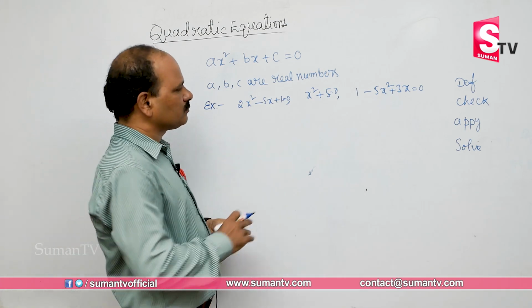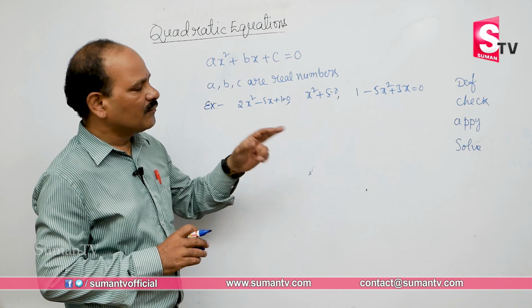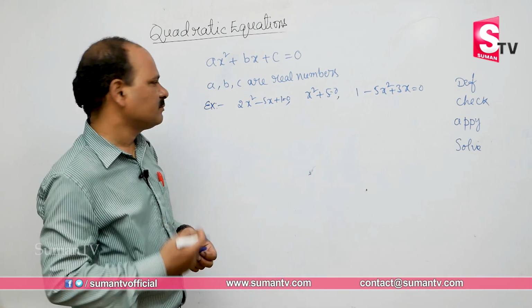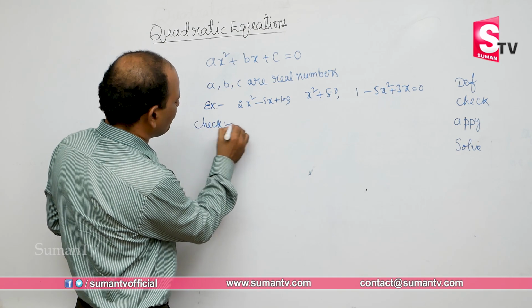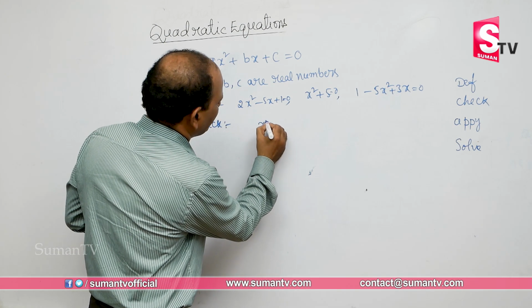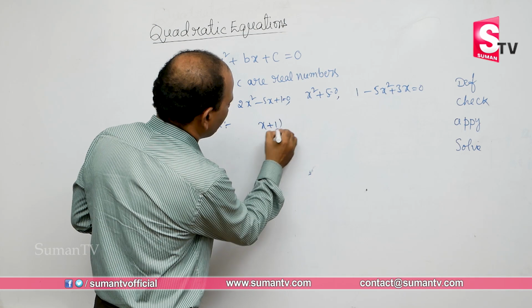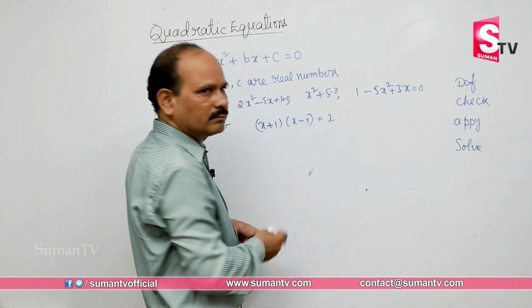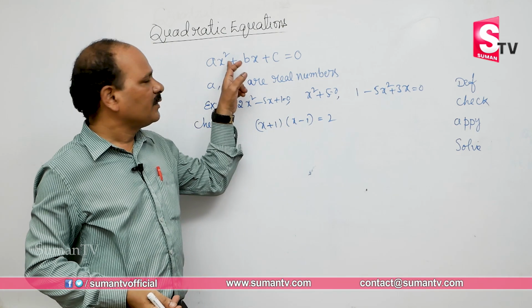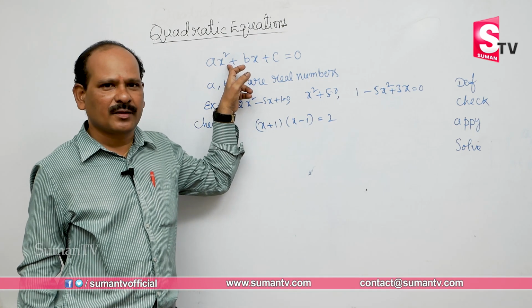Now, how to check whether an equation belongs to quadratic equations? Here, check: x plus 1 into x minus 1 is equal to 2. It is not in the form of ax square plus bx plus c.